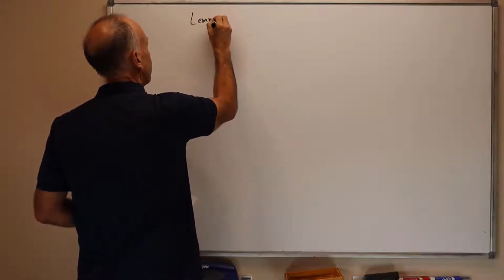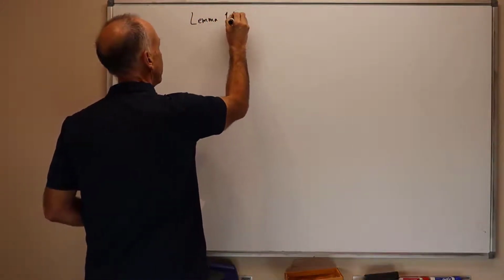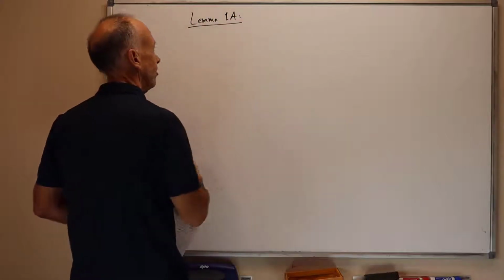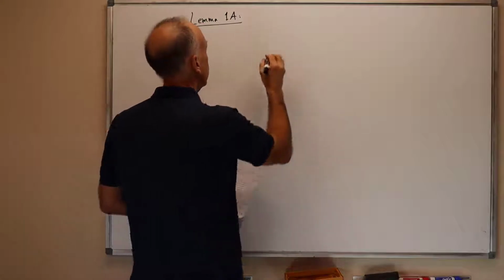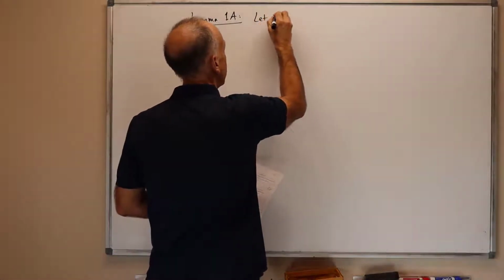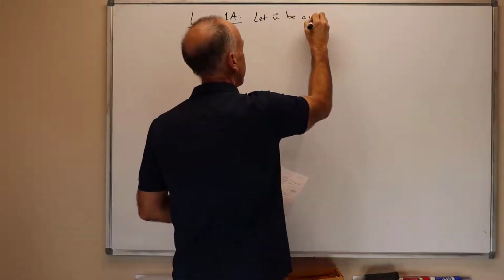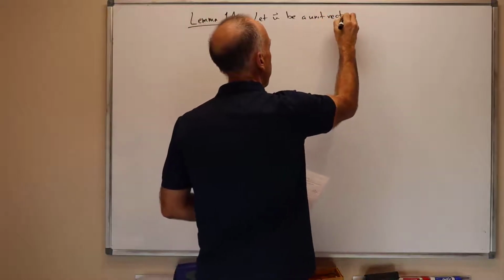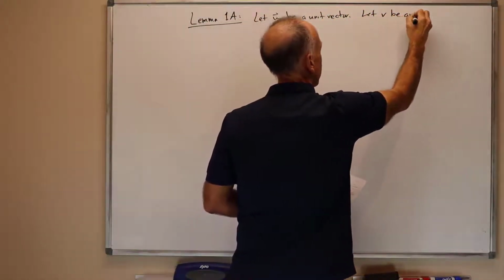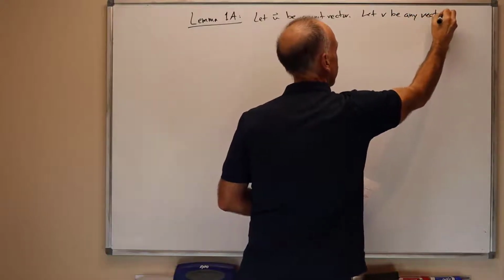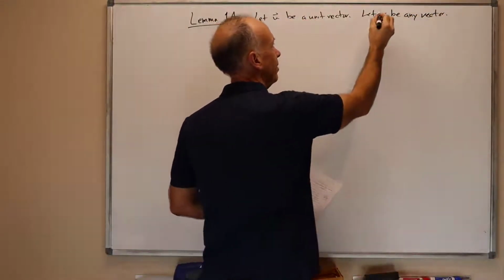Okay, so our first lemma, 1a, I'll call it. And by the way, this numbering is not used in the book. I'm doing the proof a little bit differently on the board than in the book. So we let u be a unit vector, and we'll let v be any vector. We're going to think of u as fixed, so we're going to be holding u fixed, but letting v vary.